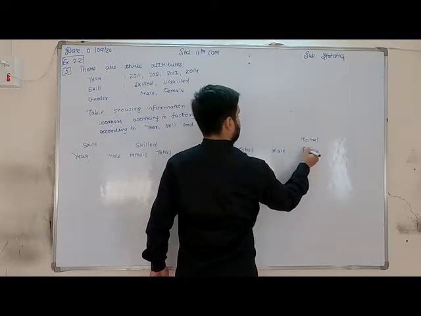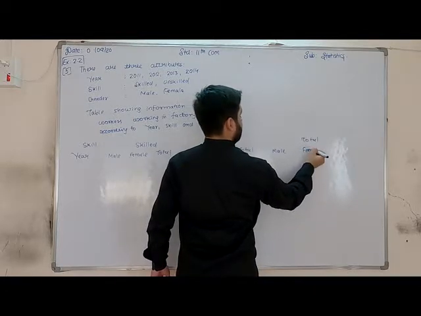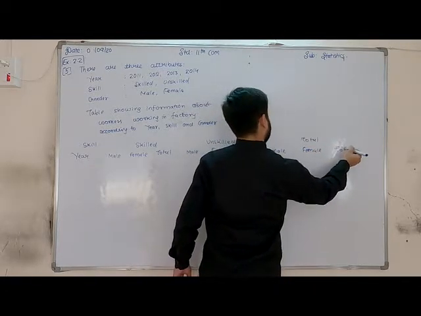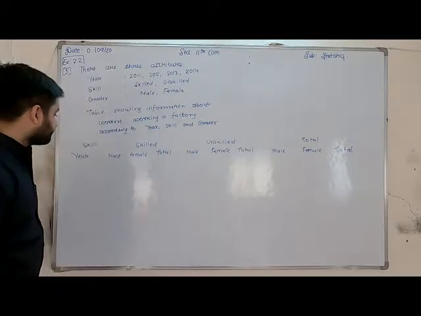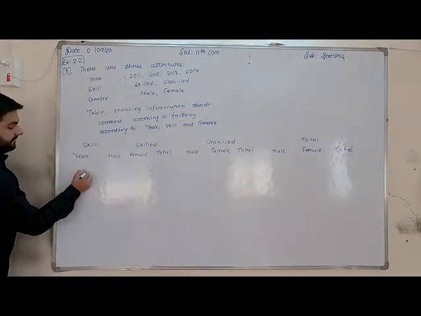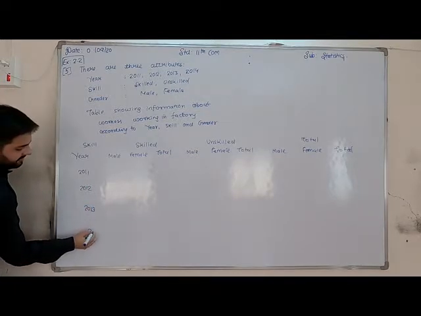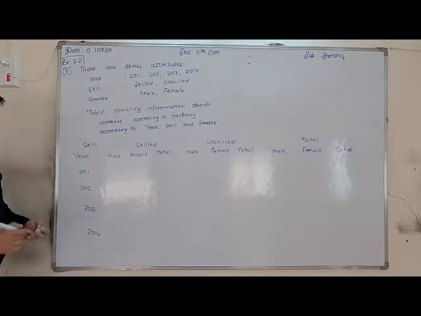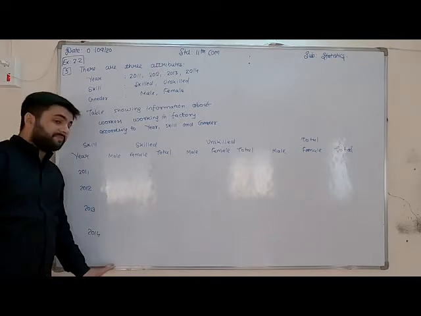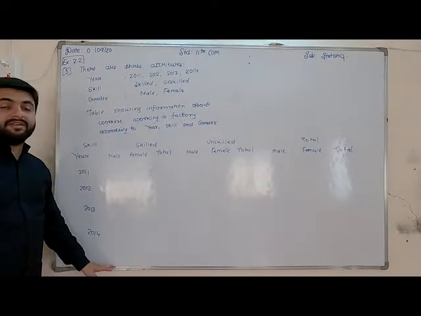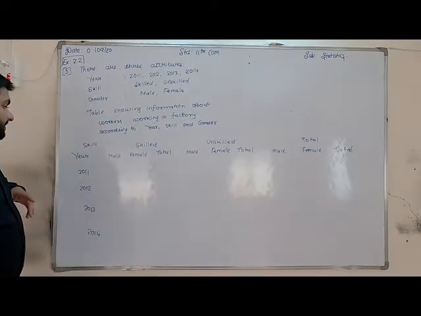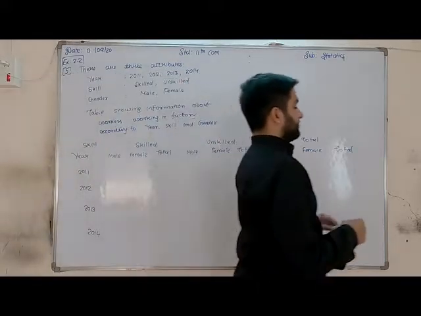Now years 2011, 2012, 13 and 14. Don't take total year because you will not make total males from 2011 to 14. That is not possible, okay? Yes. Now I am drawing lines.